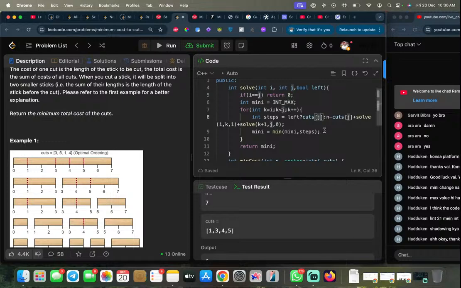If left side, then the length is cuts of j. If right side, then n minus cuts of j. No, this is not correct. This is not correct.